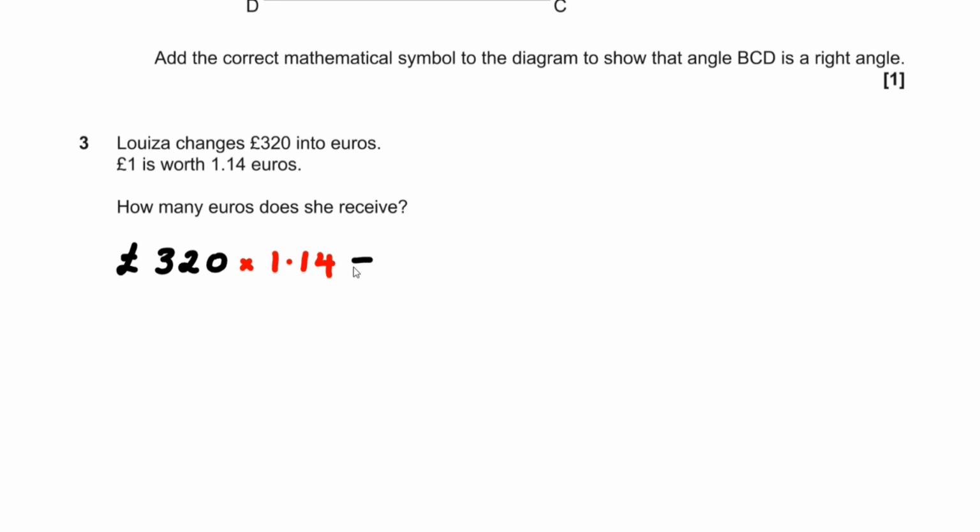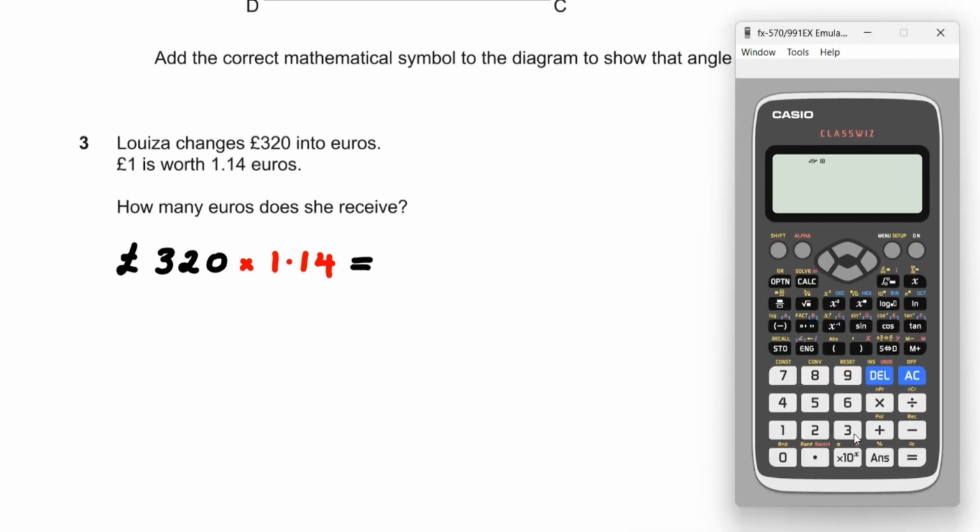This will convert to euros. So if we do that, 320 multiplied by 1.14, that's equal to 364.80 euros.